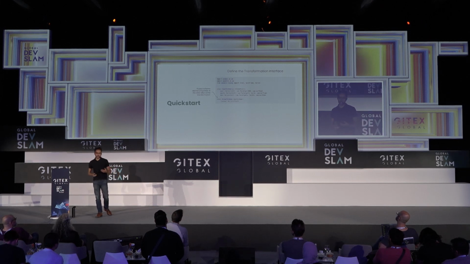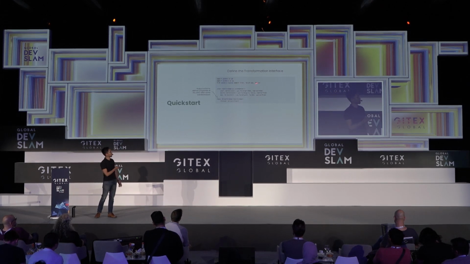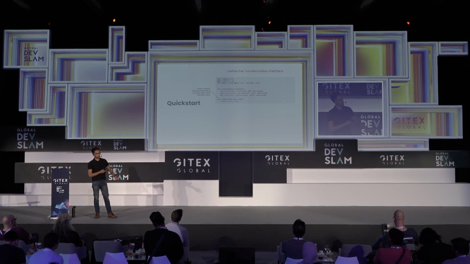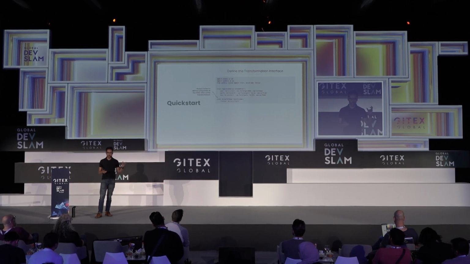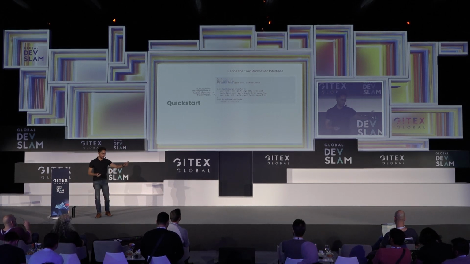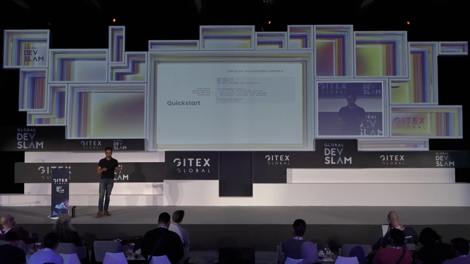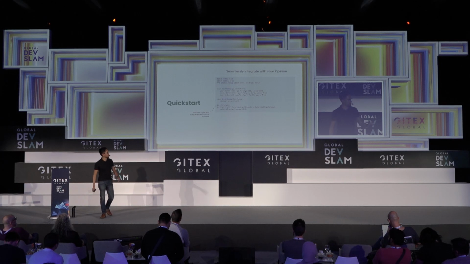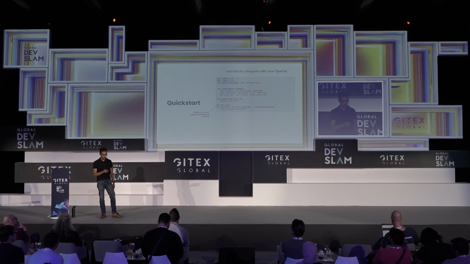Now, you can inherit from input schema. And basically, you can define the transformation interface by saying my output has all the fields of my input schema in addition to revenue, which will be added to that data frame at some point in your pipeline. And there it is. You have your transform function. It adds revenue here. This is obviously a toy example. This is just a single value for all of the rows, but you get the idea.